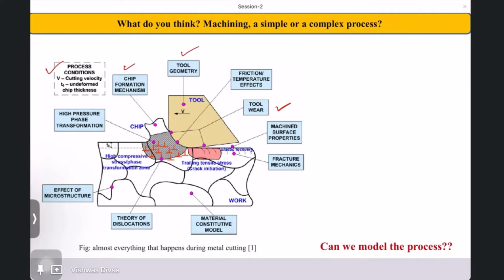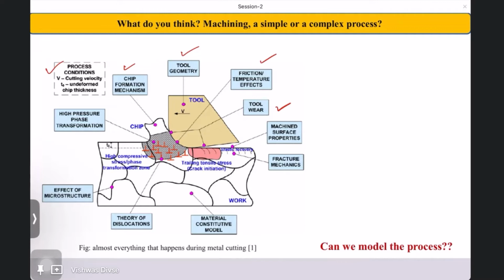Tool geometry: what am I considering in tool geometry, rake angle, flank angle, cutting edge radius, or any other features if I am modeling it as 3D. What kind of friction law: whether it is a constant friction over the rake face and tool chip interface, or I am considering sticking and sliding kind of friction behavior, that will come under friction.